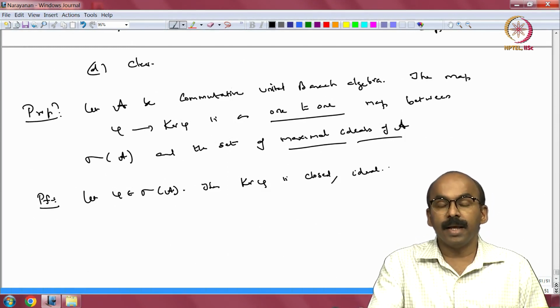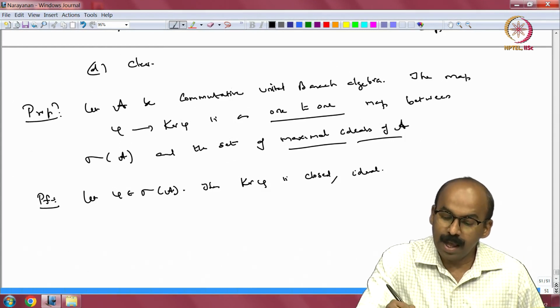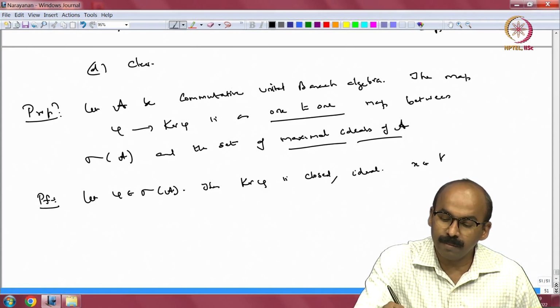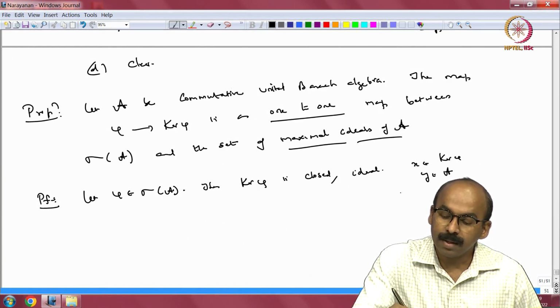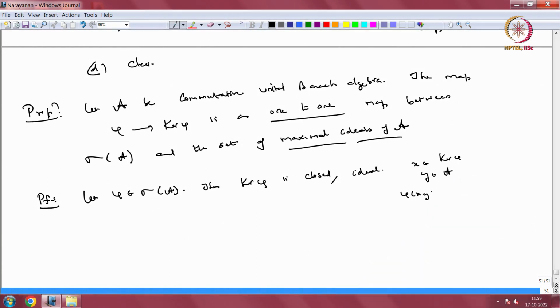Why is it an ideal? Because if I take x in kernel of phi and y in A, then phi of x y is equal to phi x times phi y, but this is 0. So, x y would be in kernel of phi, right. Because of that, kernel of phi is an ideal and it is closed.